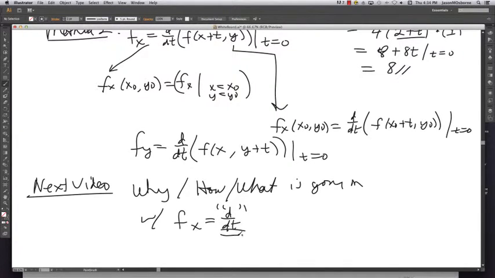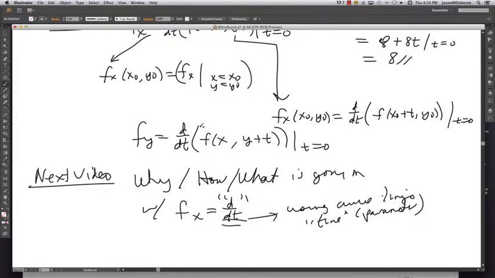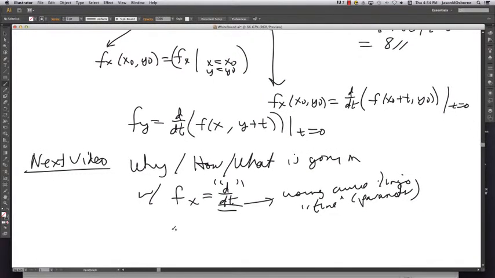Because this sounds like we are using curve lingo. In class, our time variable was like our parameter. So we'll have more to say in the next video about the interpretation of the meaning of these partial derivatives. And that would be the next video.